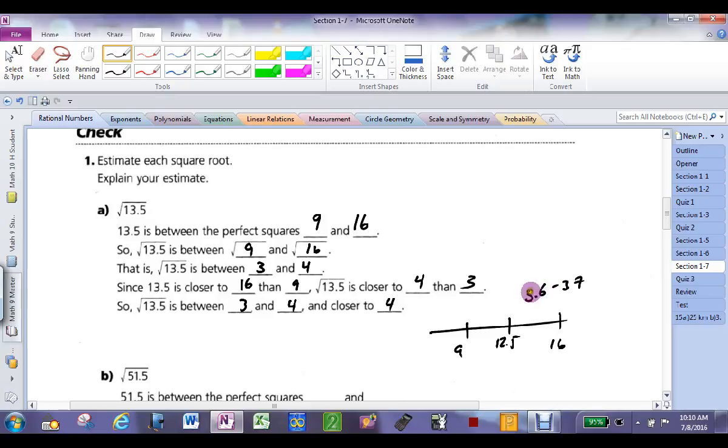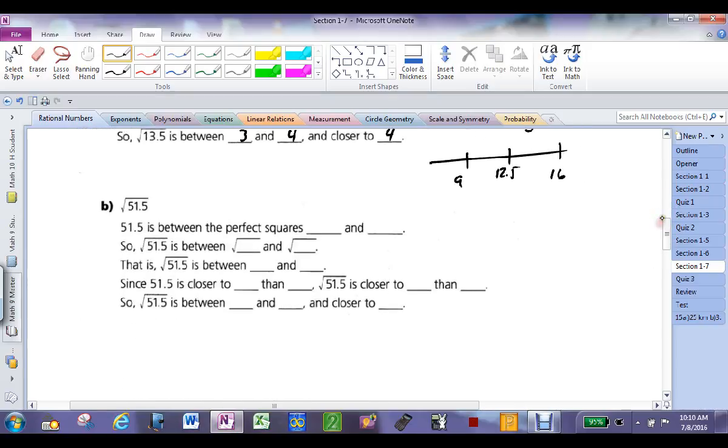Would you use 3.6, 3.5, 3.7, 4, 3? Wouldn't it depend on the question? If it was a really long one, I would probably just use 4. But if it was short, you could probably work with 3.6, couldn't you? Everybody good? Okay, so you guys do the next one.